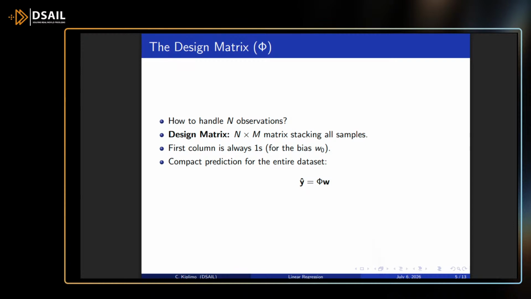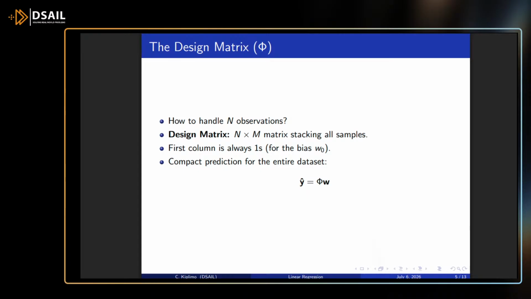So it's n by m, and w is a vector, a column vector, of size m by 1, right? So you take a matrix of size n by m and perform a product with a vector of size m by 1. What is going to be the result? These two are compatible, so you end up with n by 1.